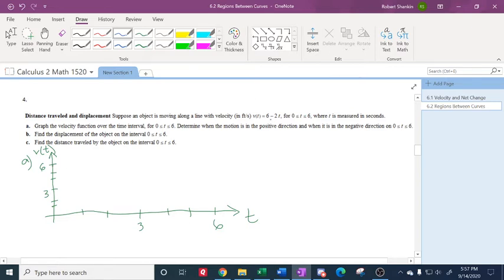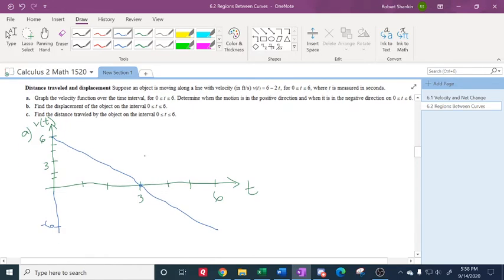It's going to have slope -2. So when t is 3, I'm going to have 0. When t is 0, I'm going to be at 6. When t is 6, I'm going to get -6. All right, so this is a symmetric shape like this.